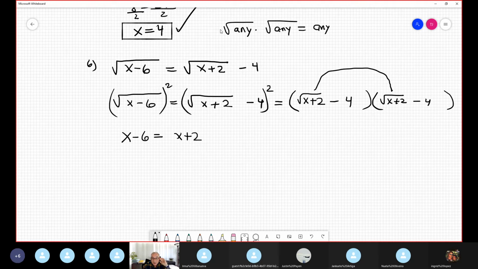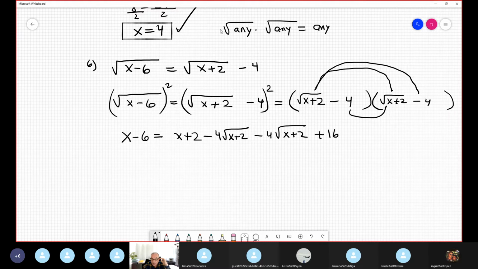When you multiply this times this, it's the expression inside, which is x plus 2. And this times this is minus 4 times radical x plus 2. And this times this is minus again radical x plus 2. And this is plus 16, which is negative 4 times itself.